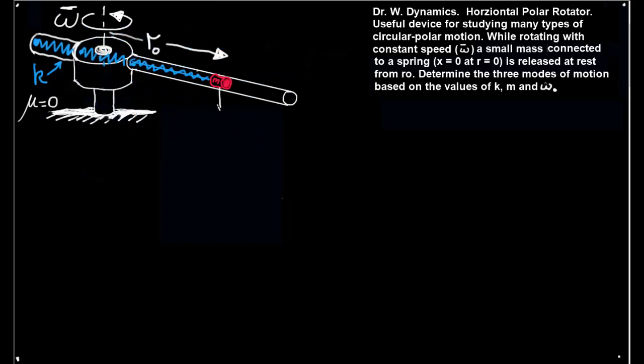We'll start with our free body diagram, in which case we have mg down and the normal up. We'll have a force P pushing in from the side.